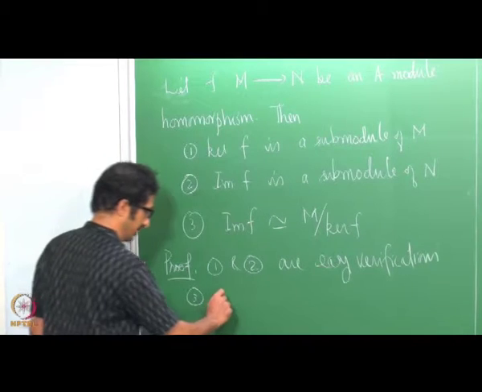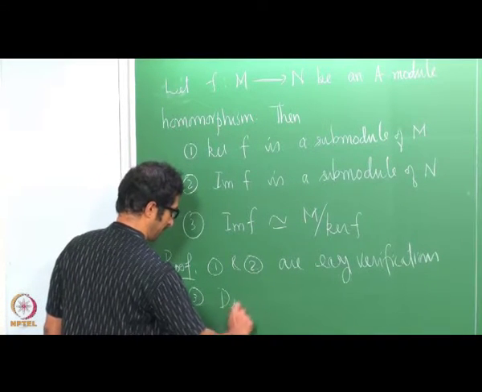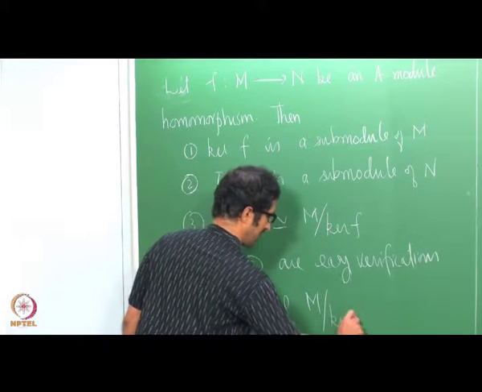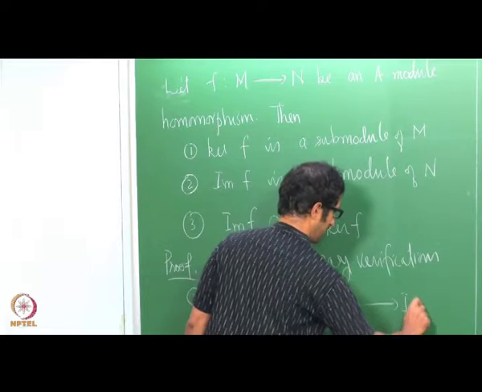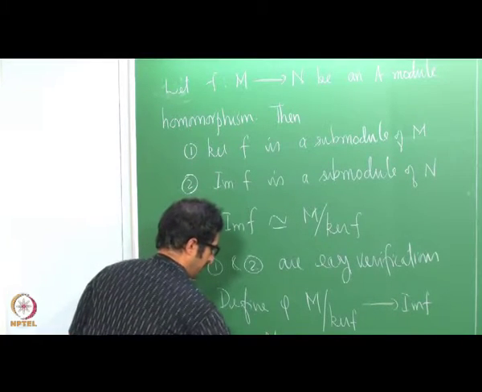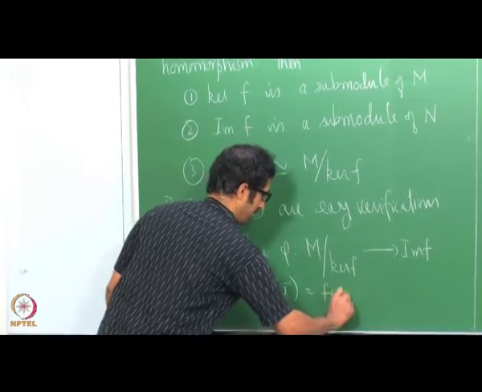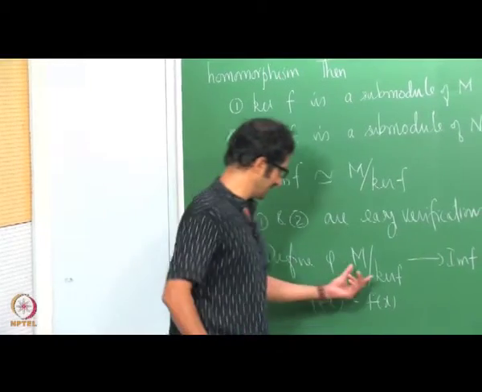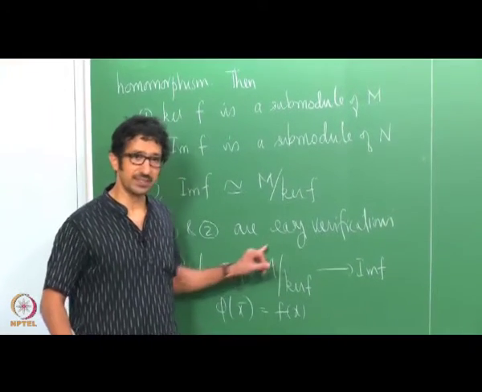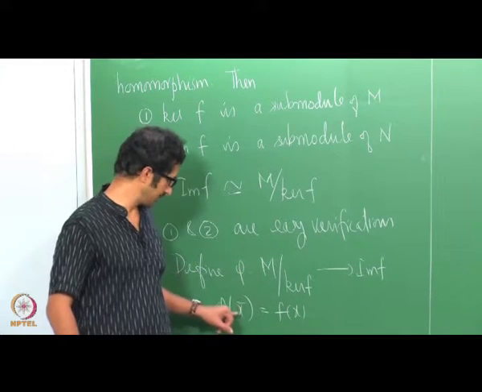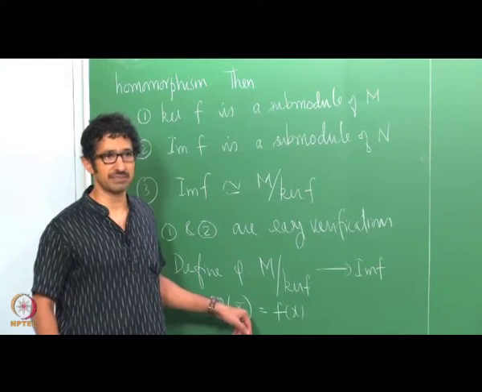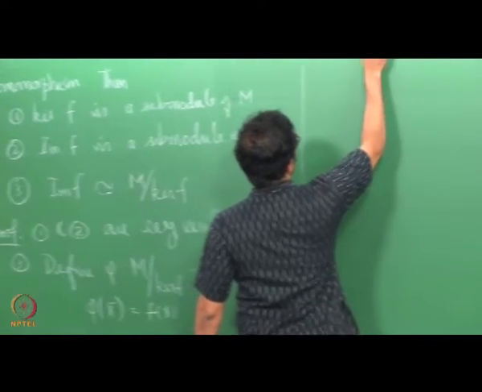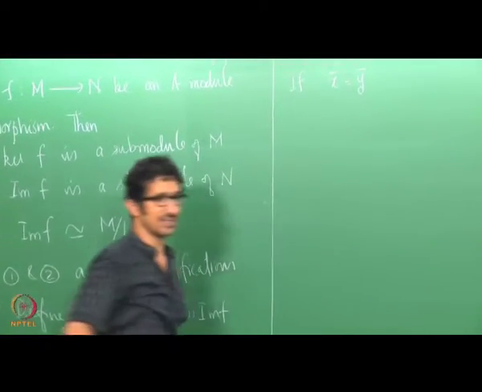So, suppose you define a map phi from M mod kernel f to image f by phi of x bar equal to f of x. In this case we have to prove that it is well defined, because there could be many representatives for x bar. So, if x bar is equal to y bar, what does that say?